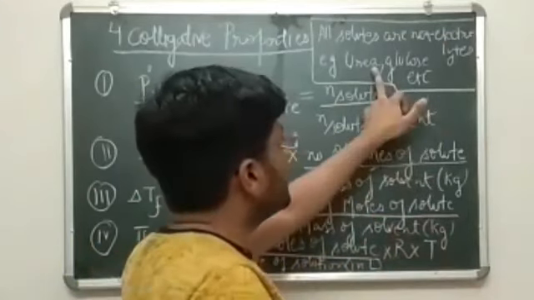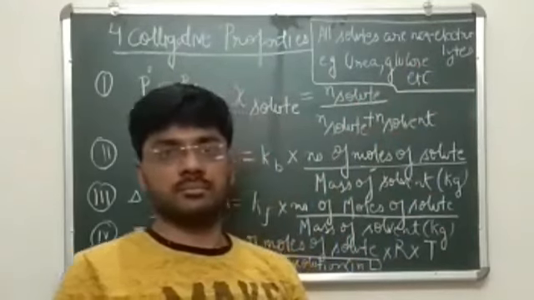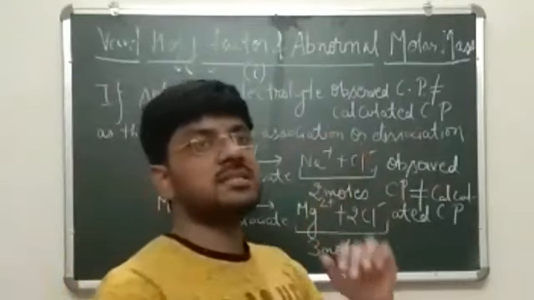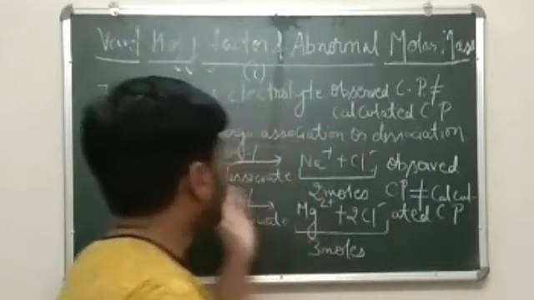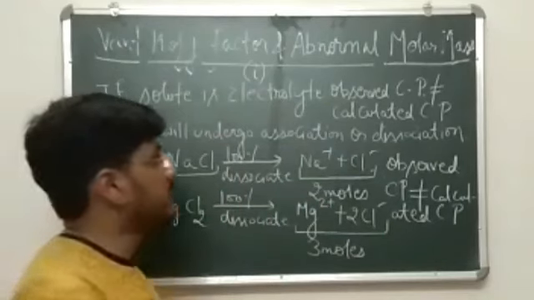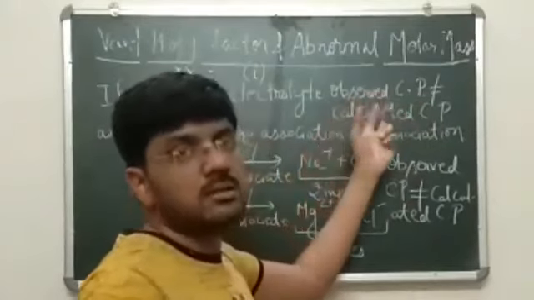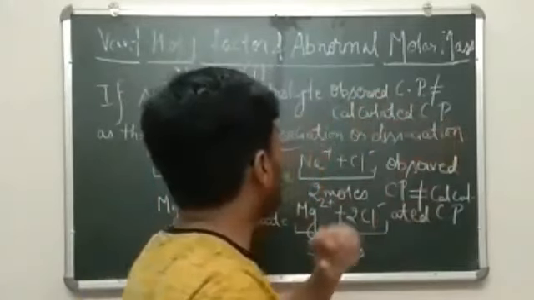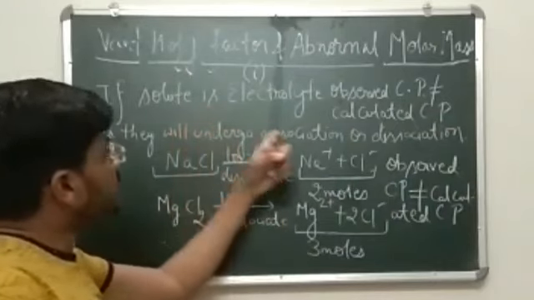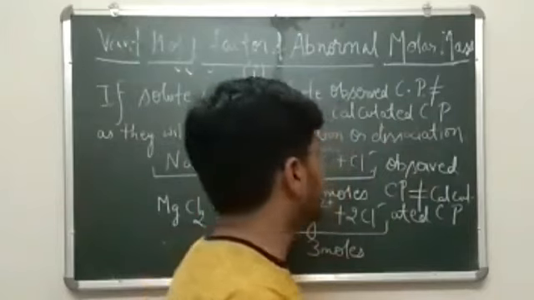For example, urea, glucose, sucrose, etc. Now, if we take a solute which is an electrolyte like NaCl, MgCl2, potassium ferrocyanide, etc., then the colligative property which we observe is not equivalent to the calculated colligative property, because the electrolytes undergo either association or dissociation in the solution.